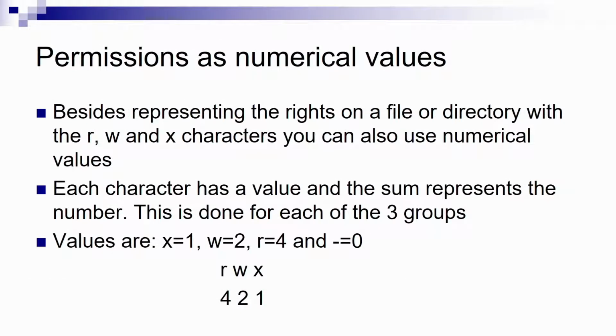So we saw the permissions represented with letters, but you can also represent them with numerical values. Each character has a specific value, and the sum of those values represents the number that will be the actual permission. So X is 1, W is 2, R is 4, and minus is 0, since it means no permission.